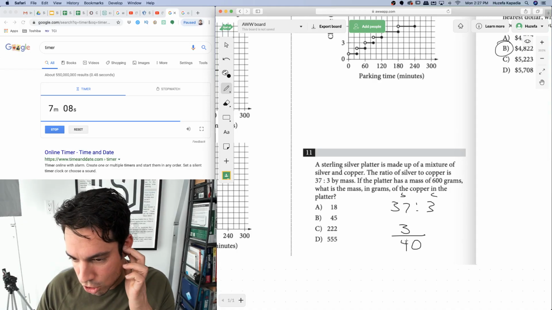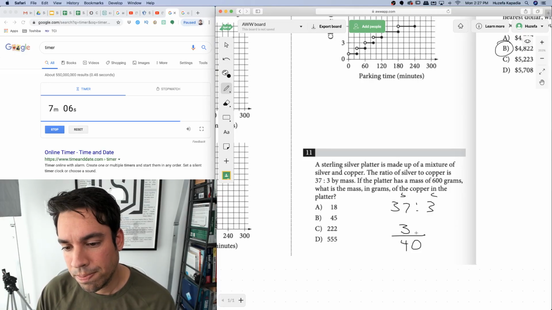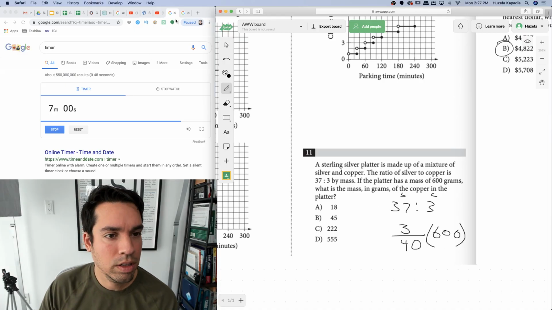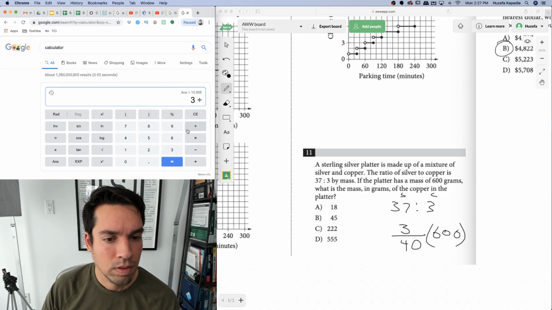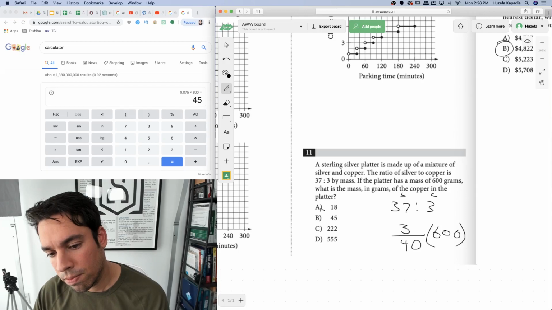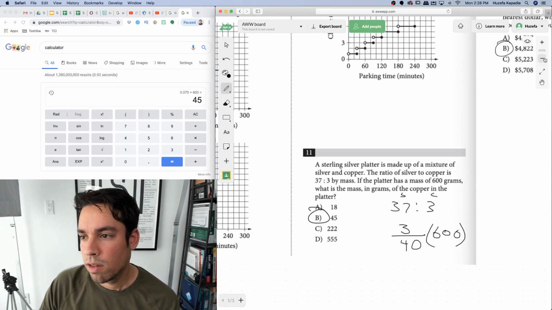So that's the fraction of copper. So it's just this fraction, 3/40ths, times 600. $45. Okay.